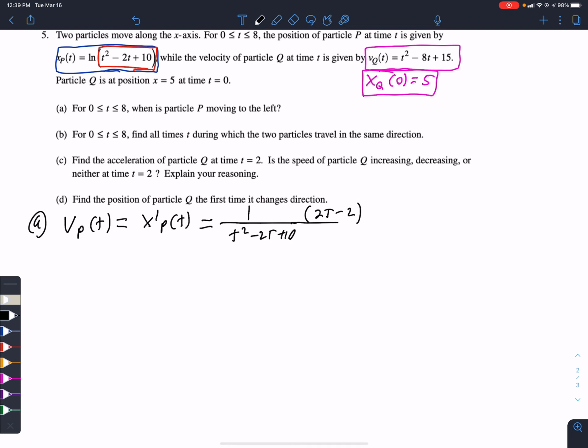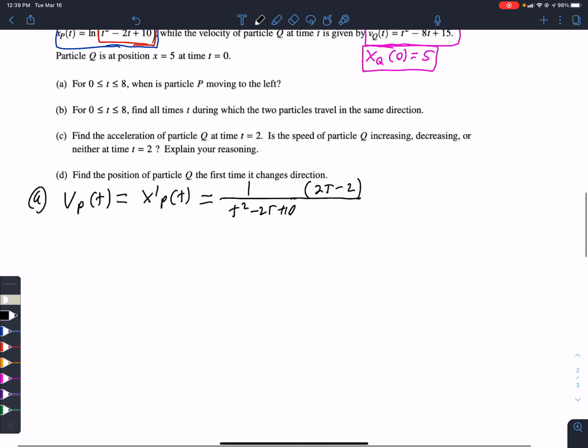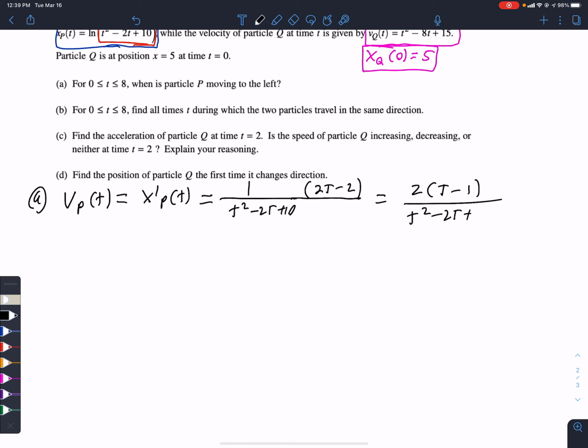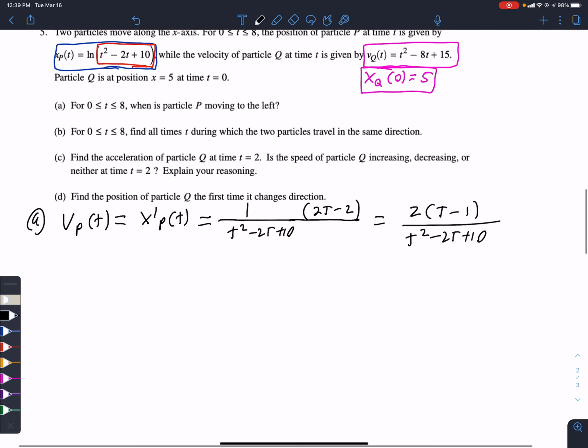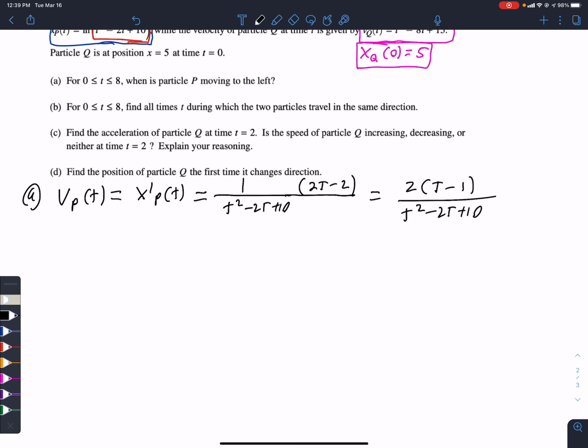All right. Now, this simplifies. I'm going to factor the 2 out. The bottom does not factor. In fact, if you plug in values between 0 and 8 into the bottom, it's always going to be positive.